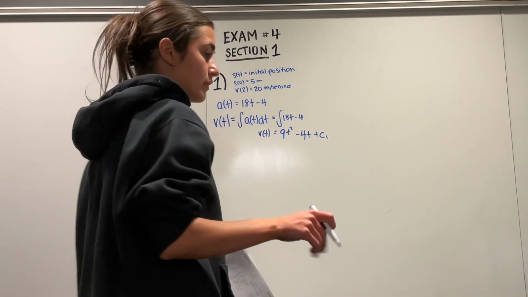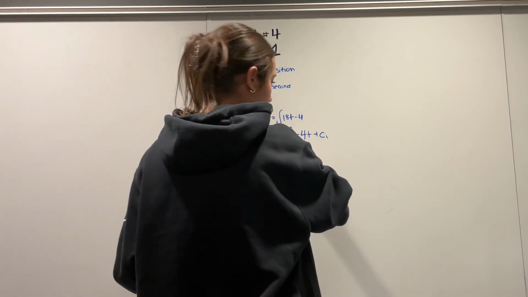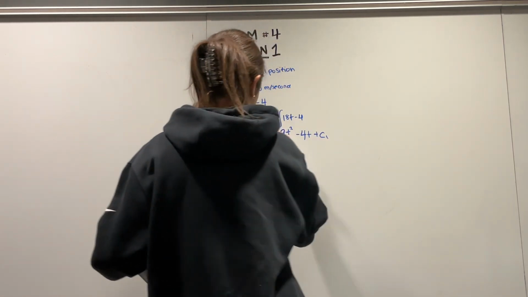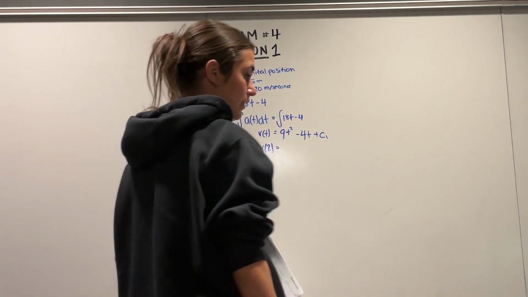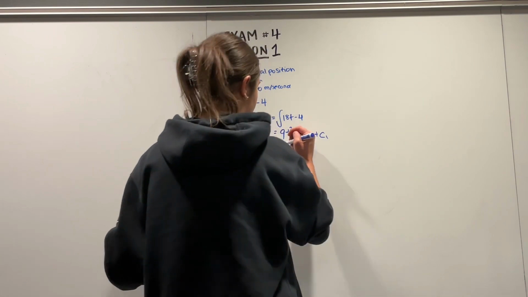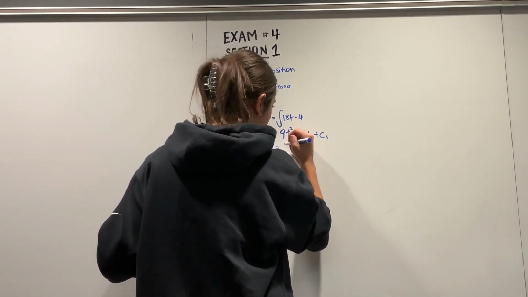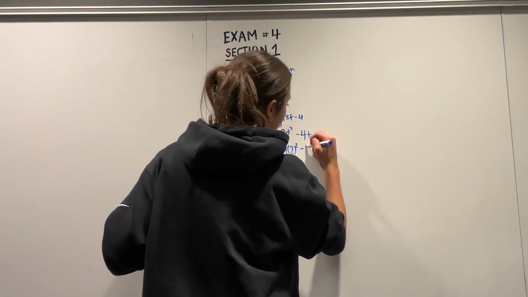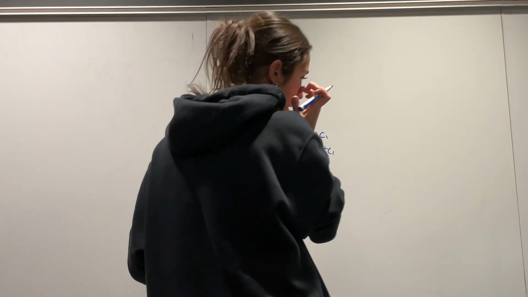But we're also given v of 2. So now we're going to use that, and we're going to set this. V of 2 means that we're going to substitute 2 for t. So 9 times 2 squared minus 4 times 2 plus c1.